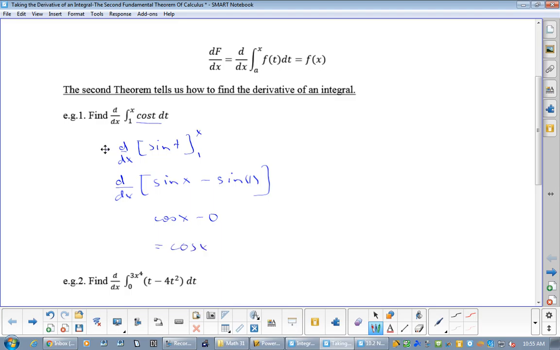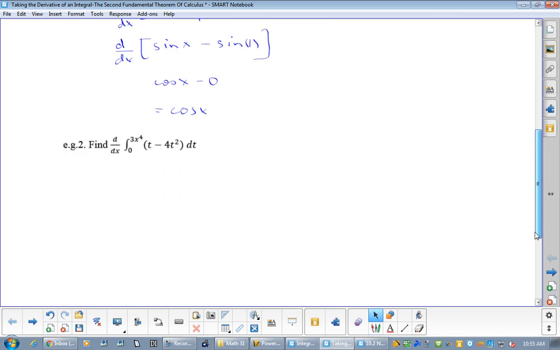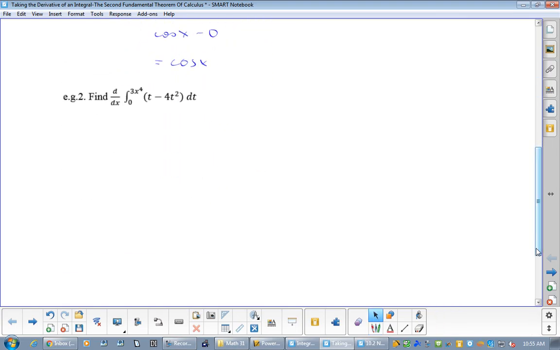Okay, so when you do the derivative of an integral, it kind of makes sense we get back the original, right? Now, here's where you have to be careful though. If anything other than x is in here, it complicates the issue. So, let's do it.